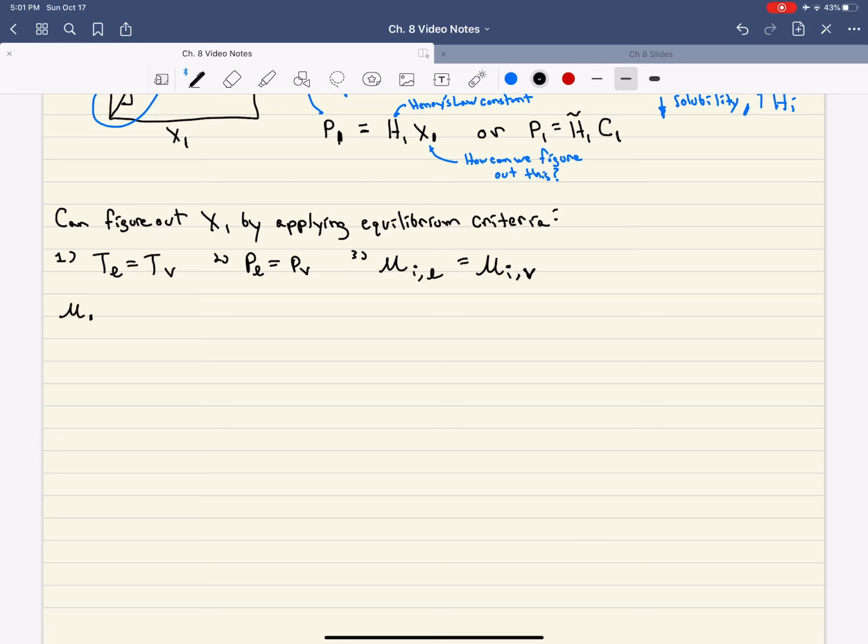With these criteria in hand, we could say that the chemical potential in the liquid phase is equal to the chemical potential of species 1 in the vapor phase.